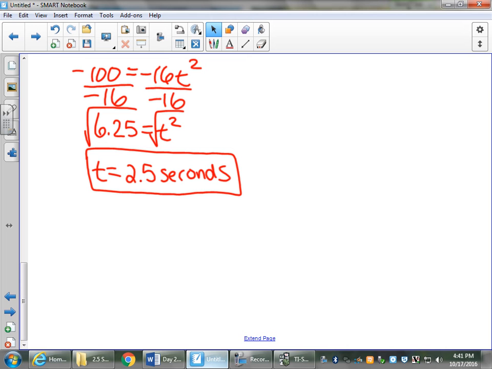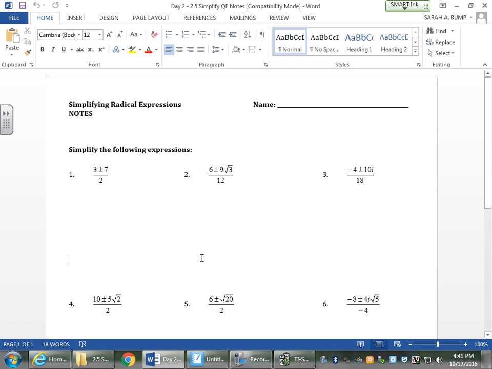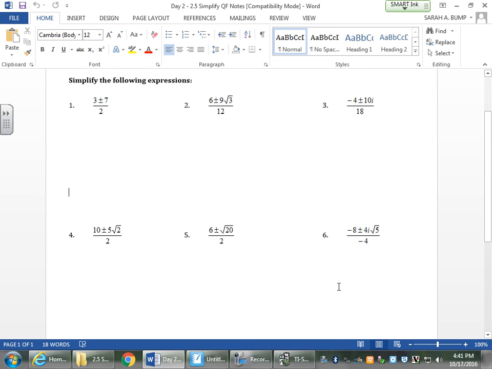But we're going to do one last example as part of today's lesson that'll lead into tomorrow's lesson. So we're going to go through together and simplify these. Tomorrow we are going to review the quadratic formula, which you learned in Algebra 1.